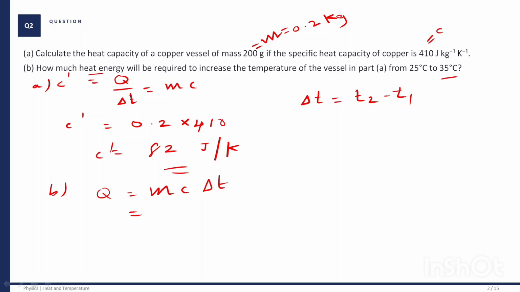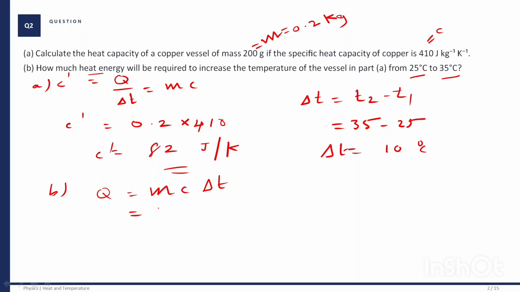Given T2 is 35 degrees Celsius, T1 is 25 degrees Celsius, that is 35 minus 25, equal to 10 degrees Celsius. This is the change in temperature.